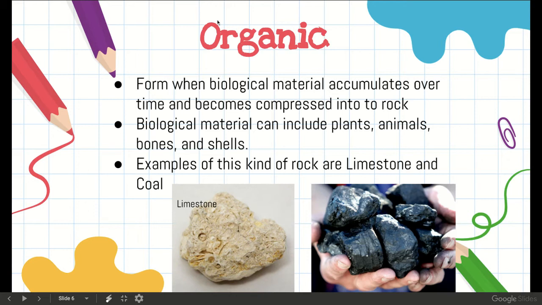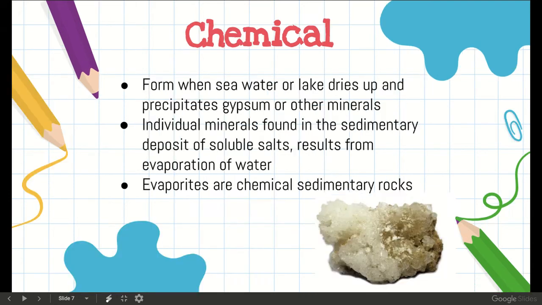Organic rocks. Organic comes from living material. It's when biological material accumulates over time and becomes pressed into a rock. So it's not just sand and stone that's getting compressed. There are plants, animals, bones, and shells in there. Limestone is a great example. Coal is a great example of organic sedimentary rocks.